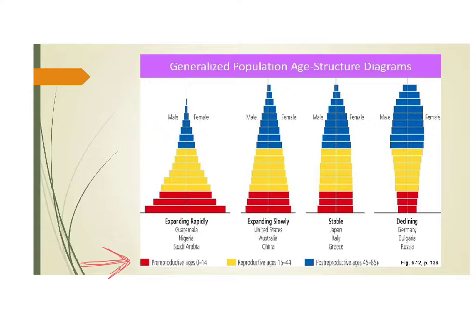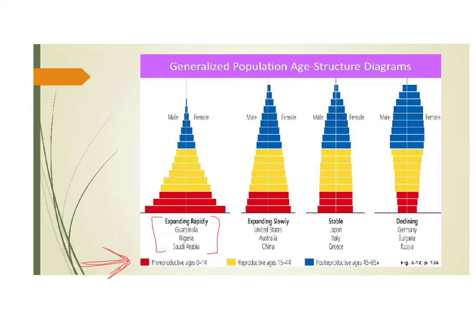Rapidly expanding populations are going to look very much like a pyramid, and that's this one right here. These populations have many individuals entering the pre-reproductive stages. The base of this pyramid is very wide, with many in the reproductive ages of 15 to 44. As these individuals in the red move up into the yellow, these populations will continue to grow rapidly.